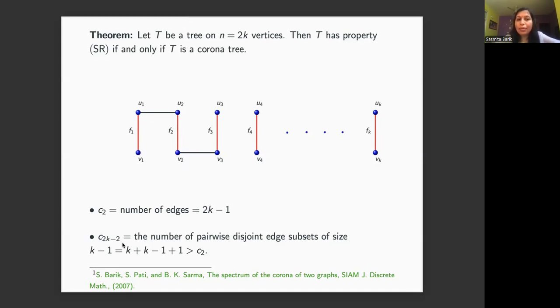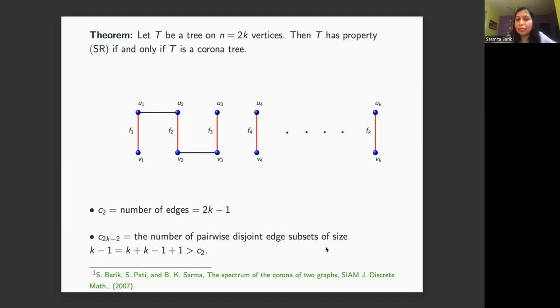And C2k minus 2 will count, as I think you have read already, the number of pairwise disjoint edge subsets of size k minus 1, because you are looking for linear subgraphs of size 2k minus 2. So you will look for k minus 1 independent edges, and those types of subsets you will calculate.